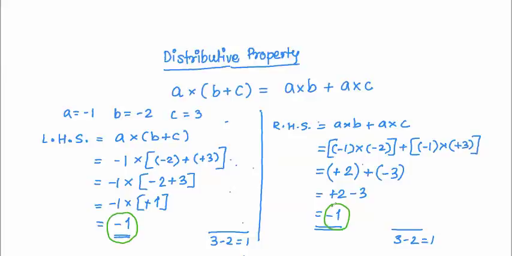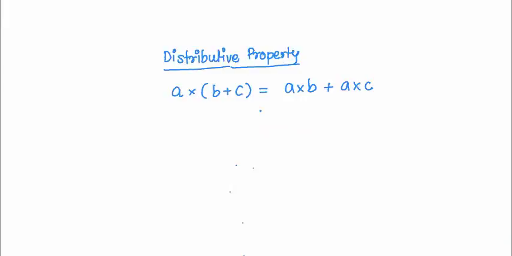Now we have seen this distributive property over addition. We can also use the distributive property over subtraction, and the distributive property over subtraction is also written as A into B minus C is same as A into B minus A into C. So if you see here, what's happening is this A first multiplies with B and this A then multiplies with C, and in between, the sign in between B and C is also carried over here.